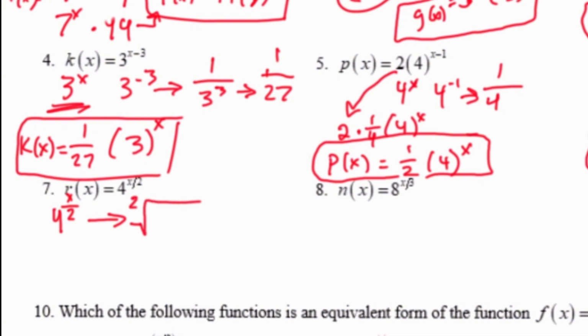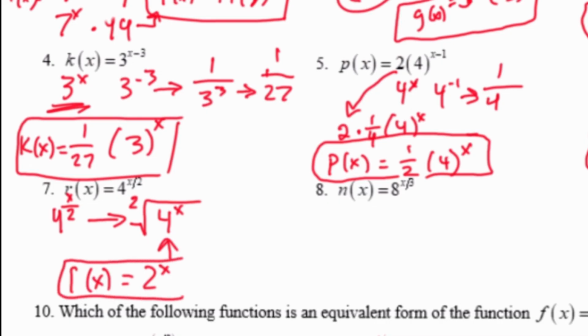So it's 2. And then 4, but we don't know x, so it's just there. And the numerator is the exponent on the inside. If it doesn't have any, then it's just 1 over whatever the index number is. So this changes into 2 to the power of x, and that's our answer.